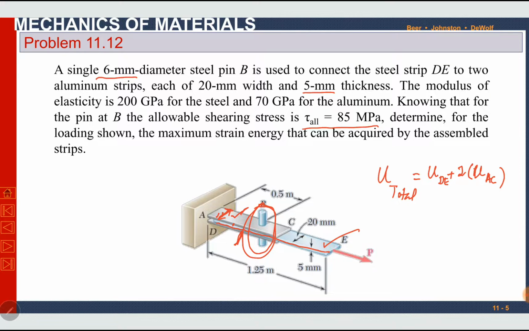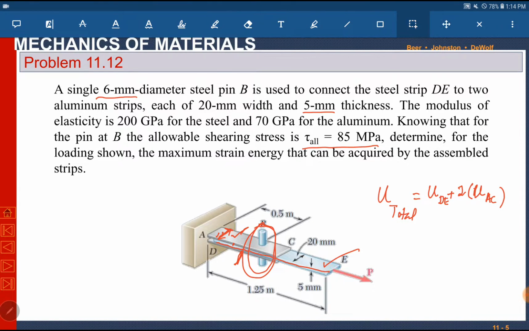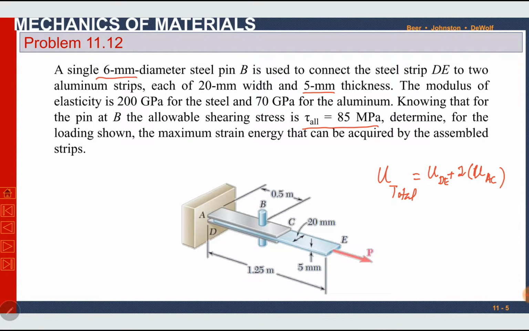What we can do in this problem, there is some complication which I want to explain here. What is the complication? This force P is pulling the plate DE towards the right side.